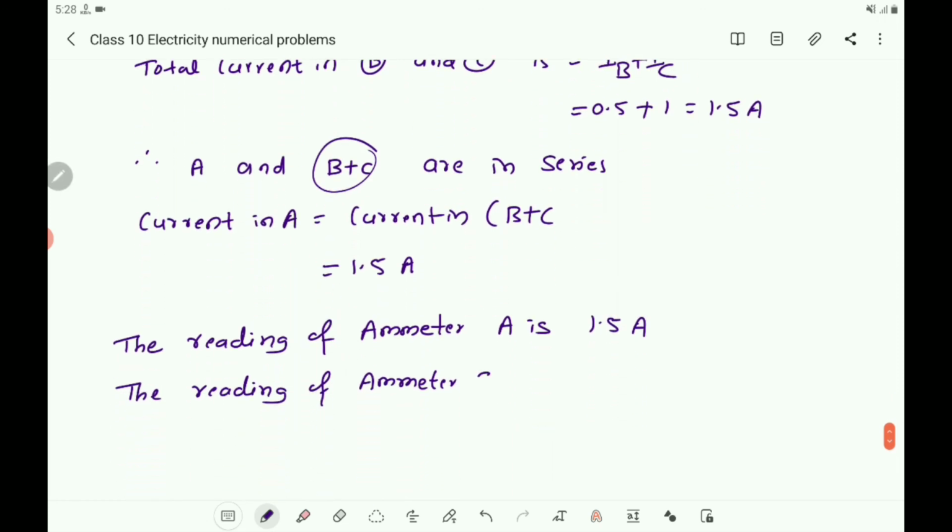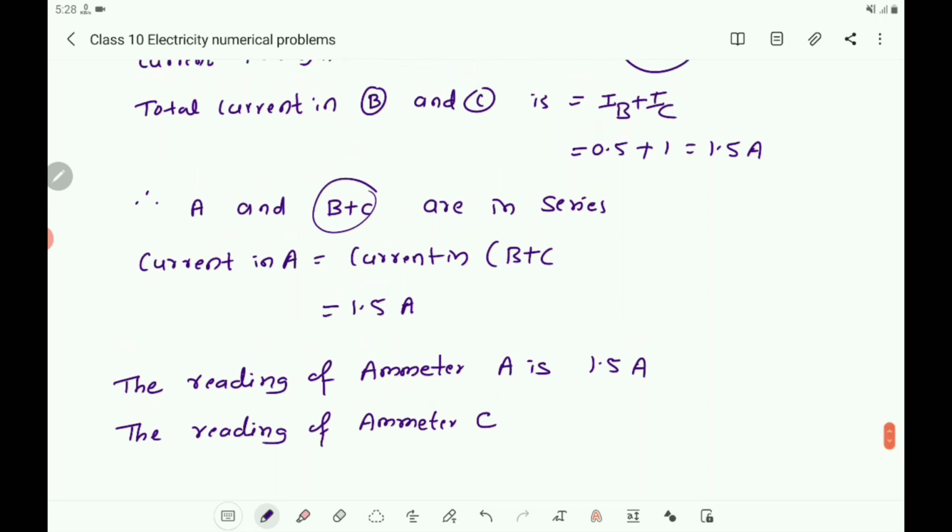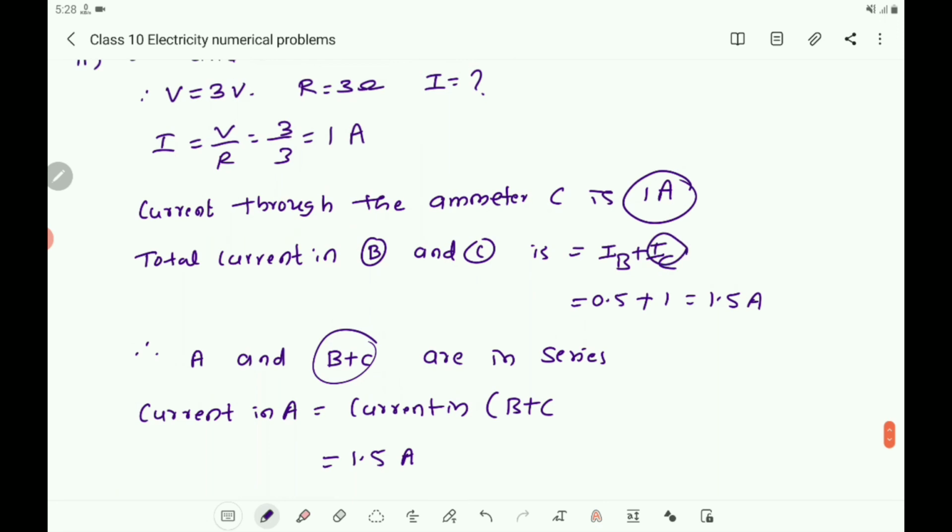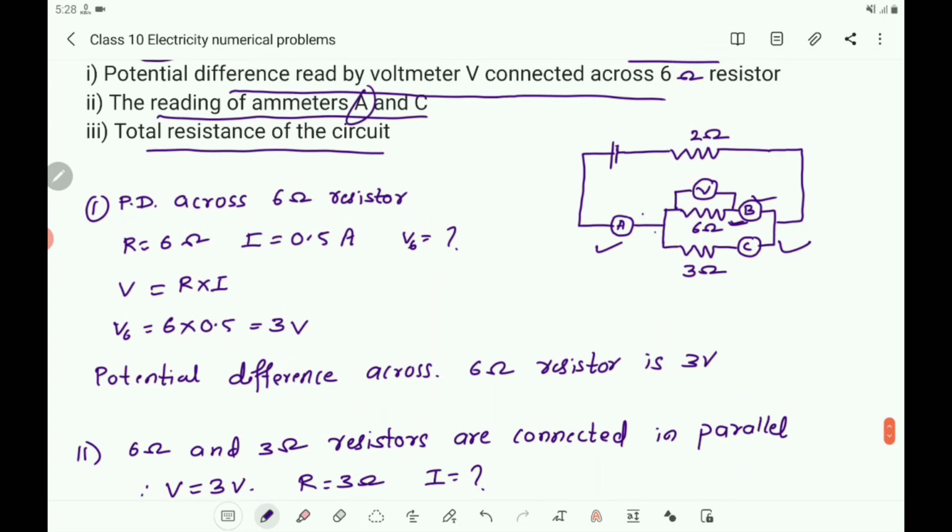Here you have to write ammeter C, reading of ammeter C is 1 amp. 0.5 that is given, that is the current by the ammeter B. Next we have to find the total resistance of the circuit.